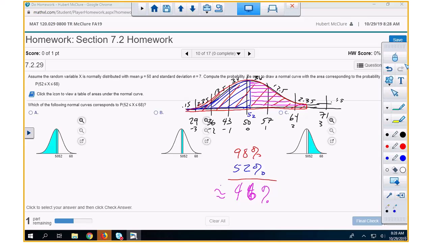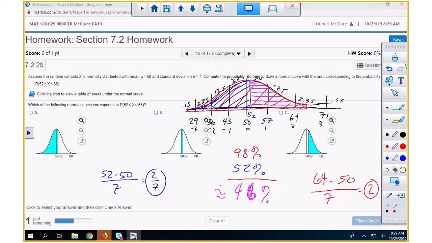The first one is going to be 52 minus 50 over 7, so that's going to be 2 over 7, which is like 0.3. Okay, and then we're going to do 64 minus 50 over 7, which is equal to what? 2.